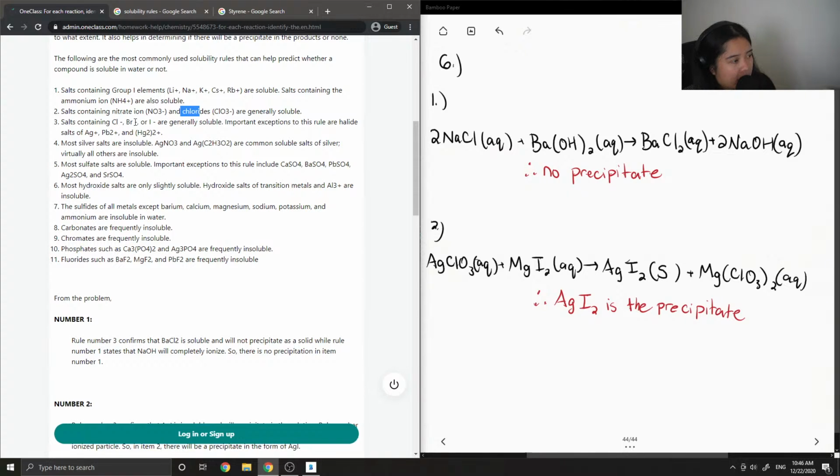Salts containing chlorine, bromine, or iodine are generally soluble. Important exceptions to this rule are halide salts of silver, lead, and mercury. Most silver salts are insoluble. Okay. Most sulfate salts are soluble. And there are some exceptions as well.